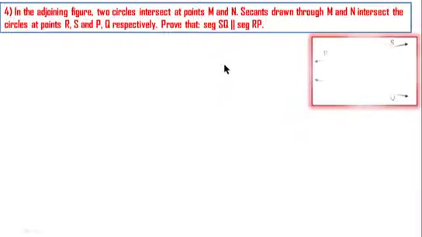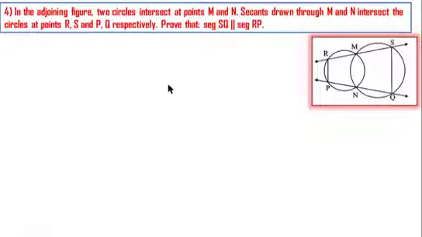Example 4. In the adjoining figure, two circles intersect at points M and N. Secants drawn from M and N intersect the circles at points R, S and P, Q respectively. Prove that segment SQ is parallel to segment RP. See this figure.